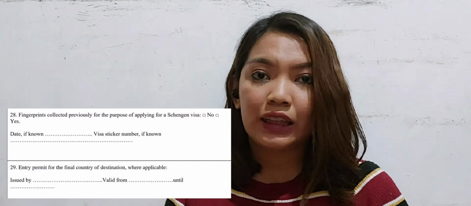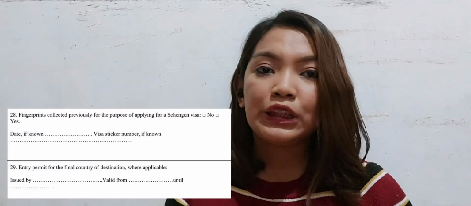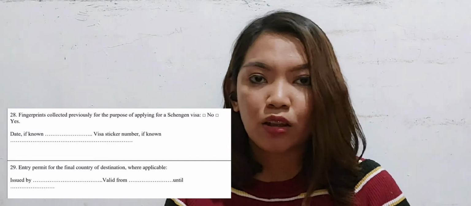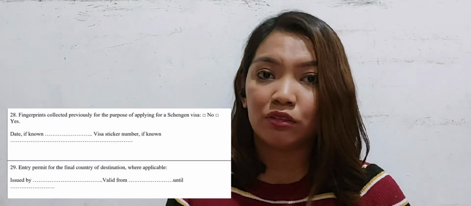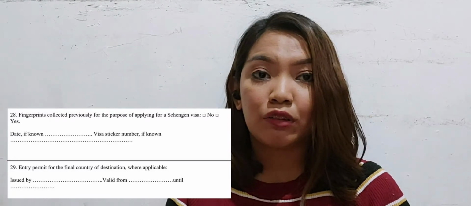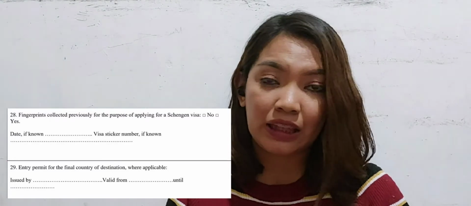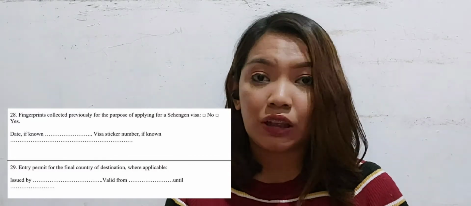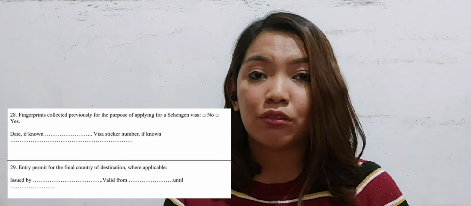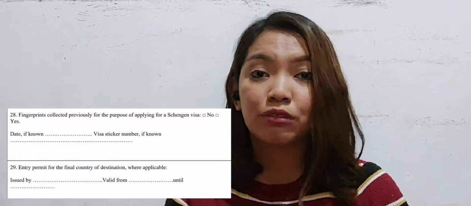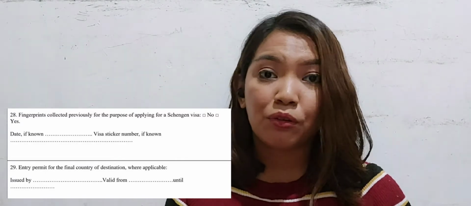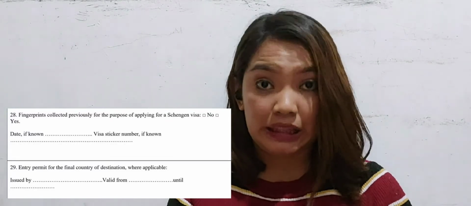It's basically just asking, for example, once you leave the Schengen area and you plan to visit Japan, it's going to ask for your Japan visa, so the date that you're going to enter Japan. Any country that would require a visa, that's what you need to type in. But if you're going straight back to your home country, you don't need to write anything down.